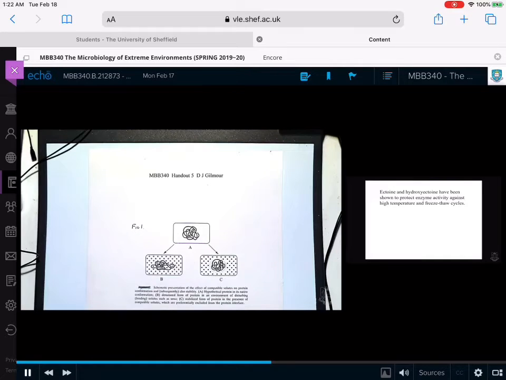This is an important concept here, so you'll find that compatible solutes are protective against a number of different stresses, not just high salt, certainly high temperature, and also freeze-thawing. In this same way as you're seeing in the handout, they can actually protect the enzymes and the proteins against these stress effects.